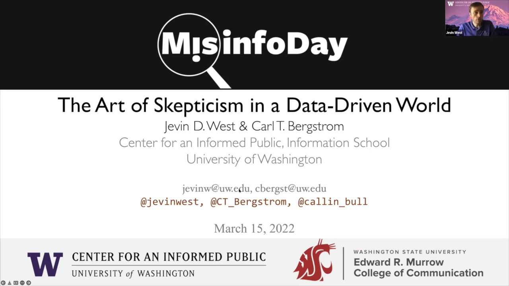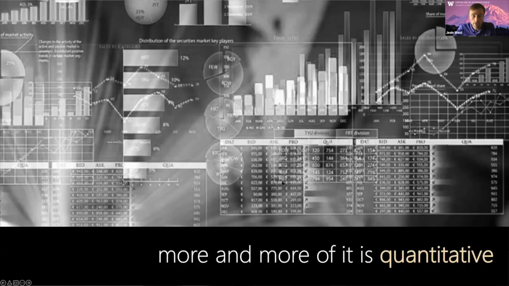As many of you know, we are inundated with information on our phones, on our tablets, on our computers. Everywhere we go, there's information. More and more of that information comes in quantitative form. Many of you have seen this at school.